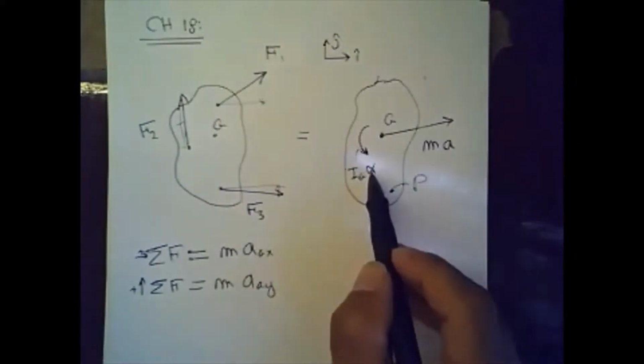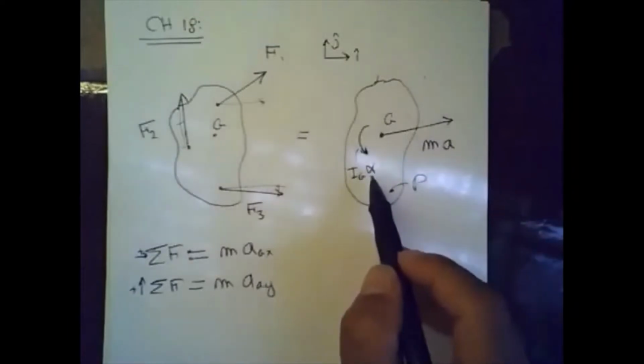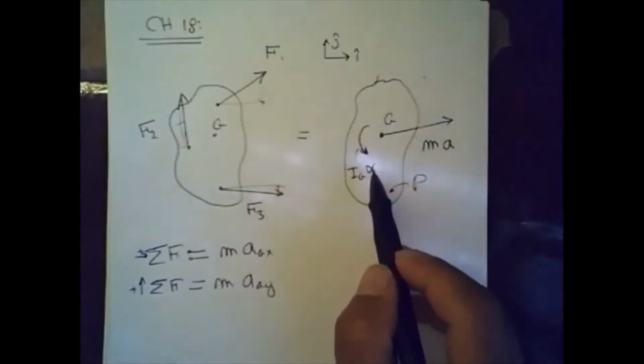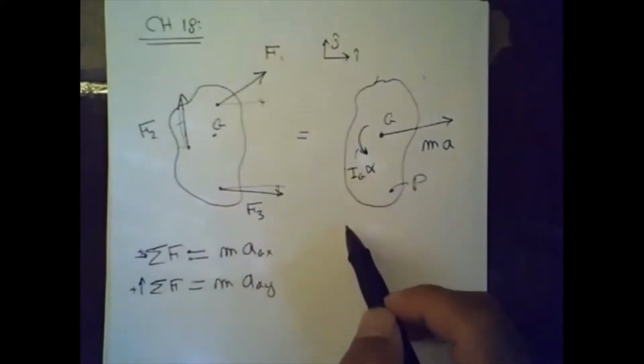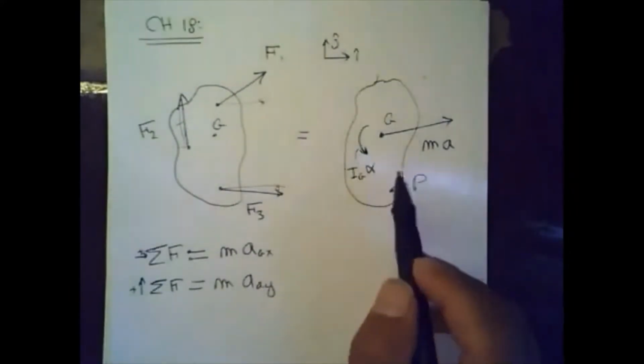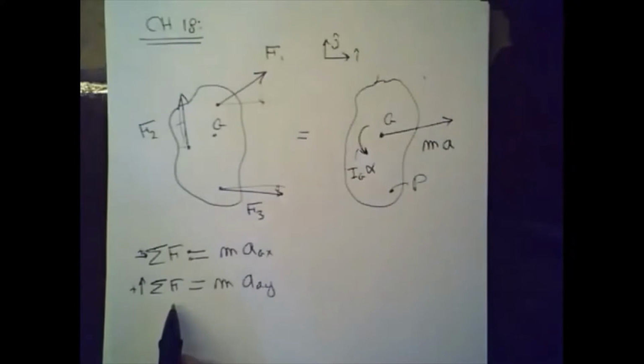And alpha is the alpha that we were using earlier. Alpha is your angular acceleration, and it is actually a vector. In the case of planar motion, you can simply keep it like that. Now, if you want to find alpha, here's what you do. You need to write one more equation, and you need to sum the moments of the forces.